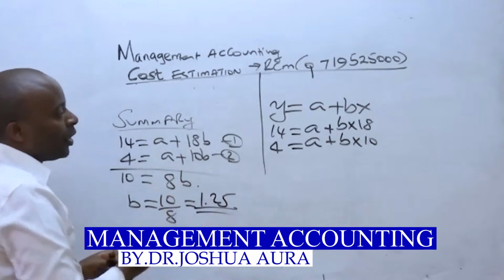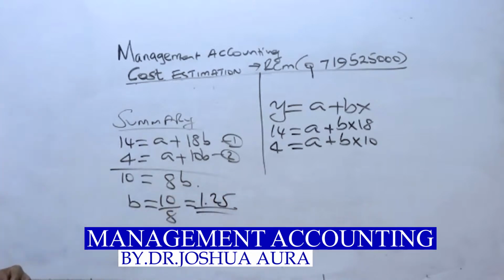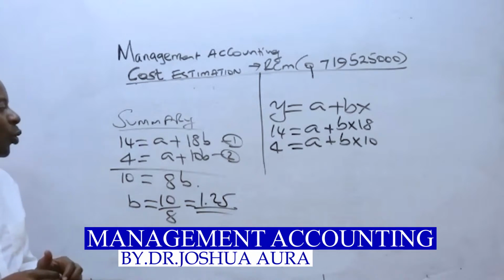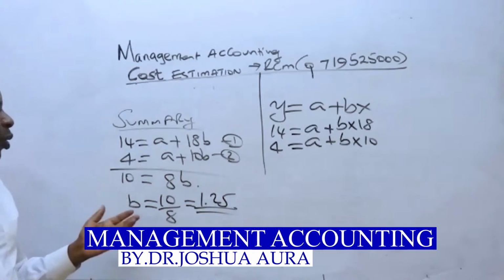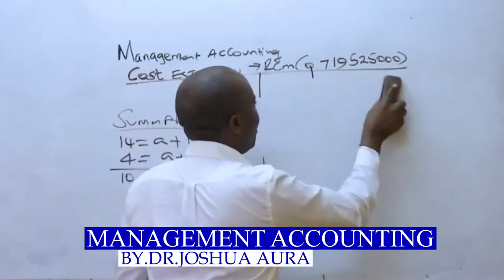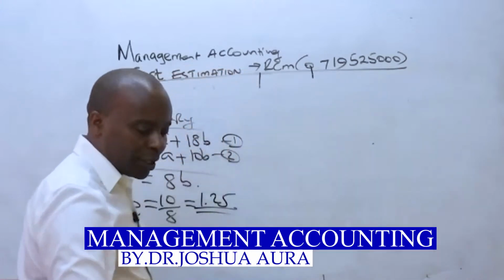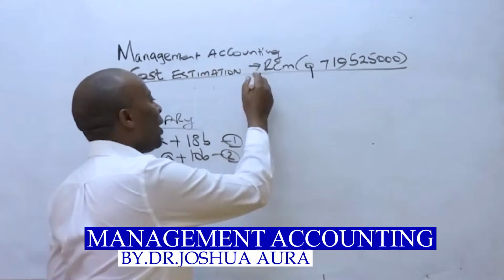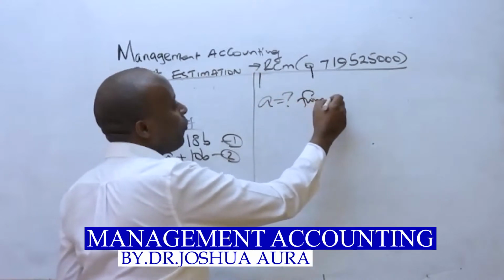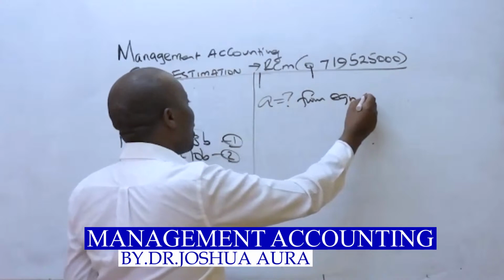Thank you very much. Ladies and gentlemen, the moment I have the value of B, the next thing will be to look for the value of A. So to get the value of A, we need to ask ourselves, what will be the value of A from equation number 1?